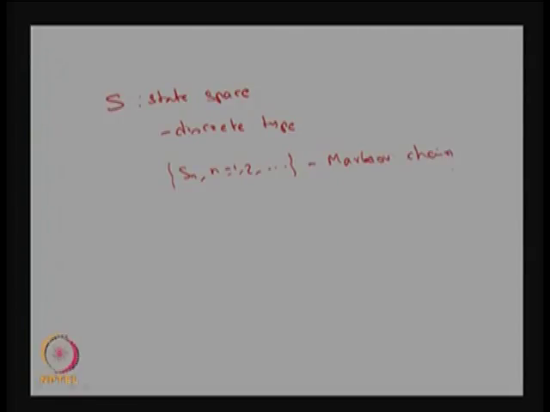Now, based on the parameter space capital T, the parameter space is nothing but the possible values of T, whether finite or countably infinite, then it is a discrete parameter space or discrete time, or if it has uncountably many values, then it is called a continuous type.